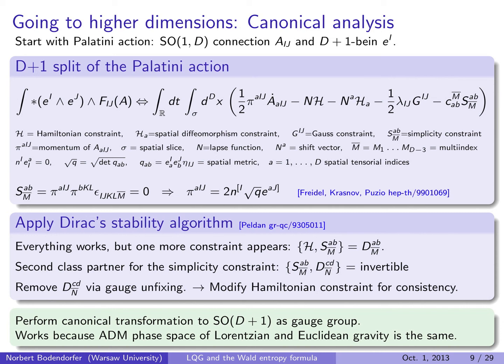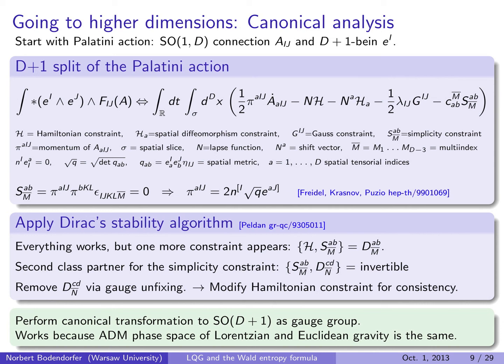And if you look at the last line of the first box, you see that pi actually decomposes into, again, a densitized field bein E. So we have E^a_J times the square root of q, q being the spatial metric, times some normal N^I, which is essentially the normal on your spatial slice, and here in its internal version.